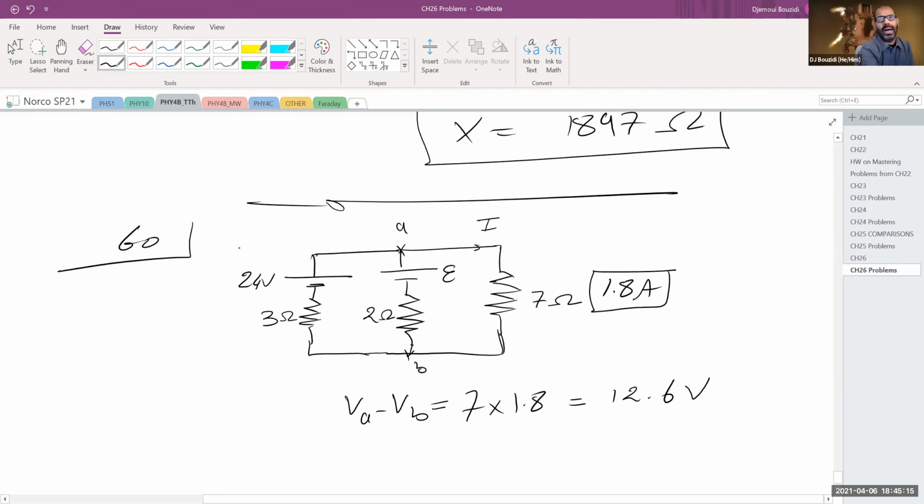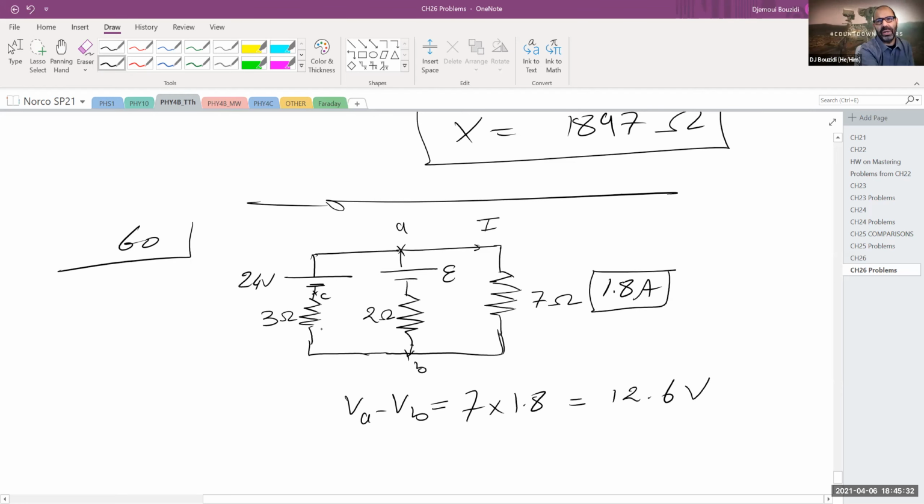I know I'm going to label stuff now. This point in here I'm going to call C. There is a voltage drop of 24 volts coming this way, but from A to B, according to this calculation, it is 12.6.